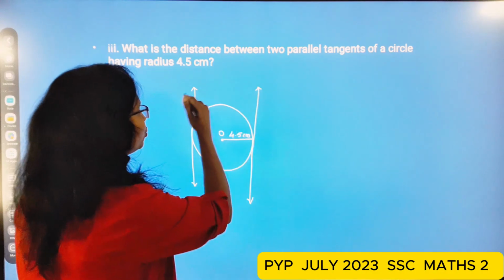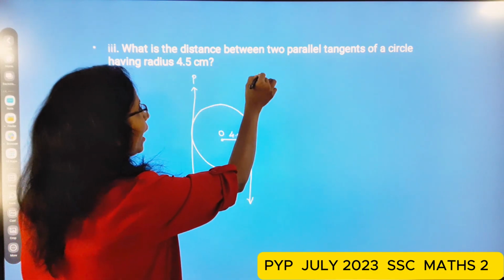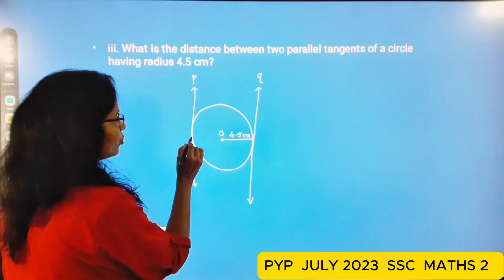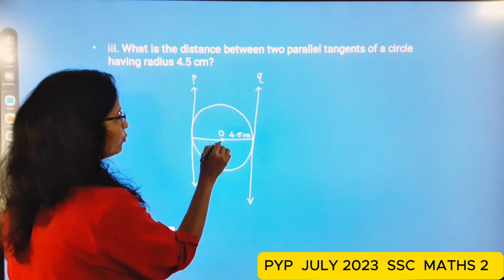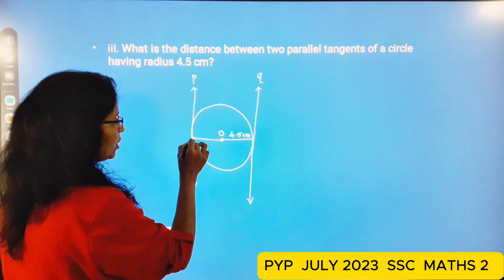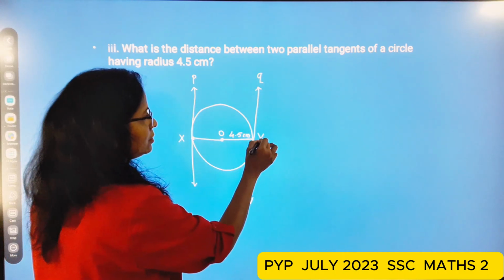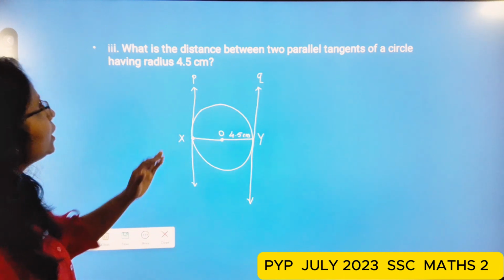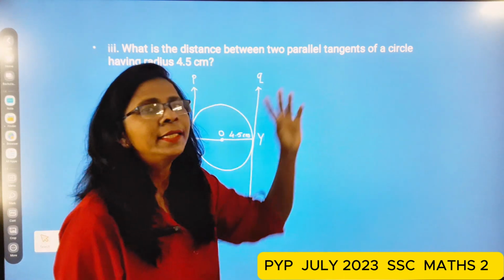Name the two tangents P and Q. This is the radius 4.5, and this is also another radius, from the tangent P. So here, the distance from X to Y is nothing but the distance between the two parallel tangents.